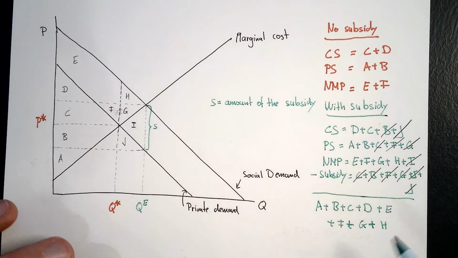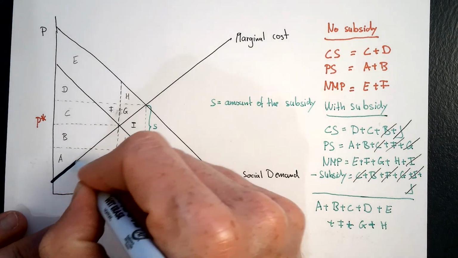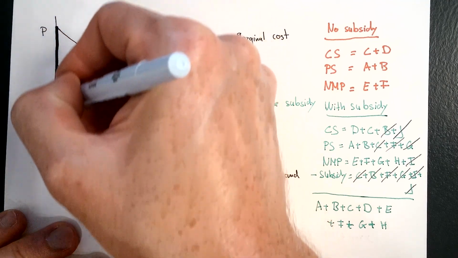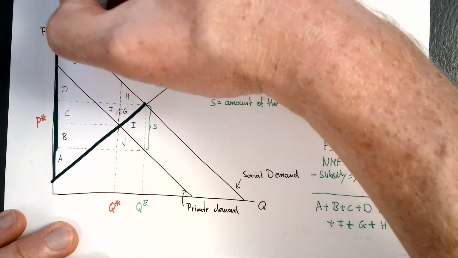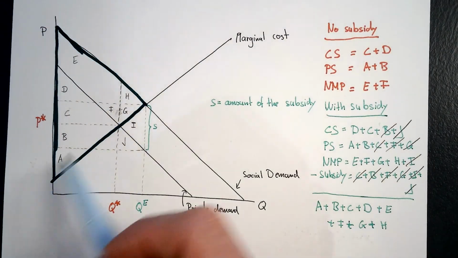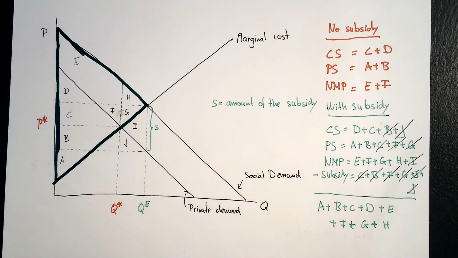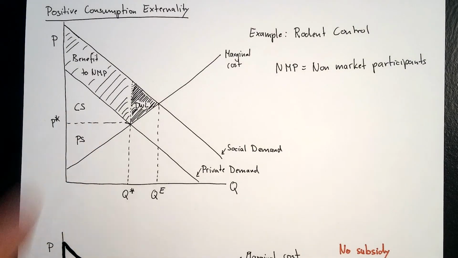So the new social welfare with the subsidy is the full triangle. This area here represents the social welfare with the subsidy, which is larger than the social welfare without the subsidy.